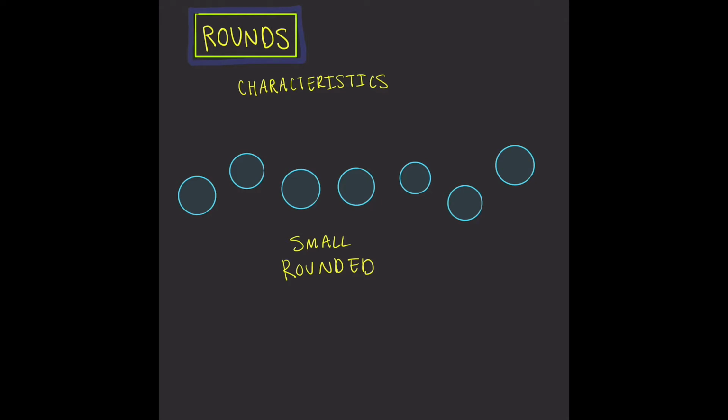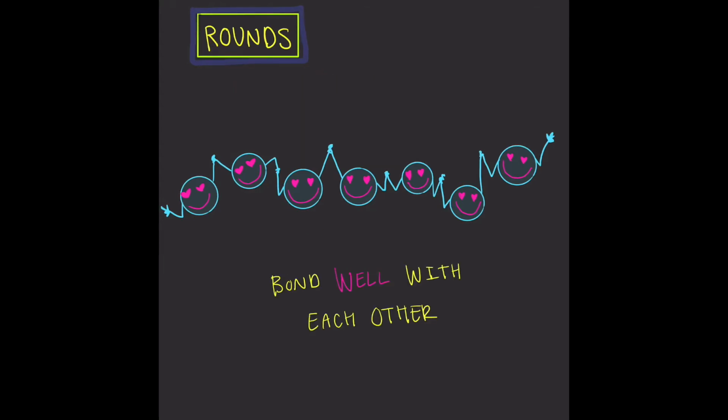Another characteristic of rounds is that, unlike facets, these grains will bond readily with one another. So when I imagine them, I like to visualize them with these lovey-dovey personalities trying to hold hands with one another. And when we're talking about grains of snow that bond well with one another, what we're talking about is cohesive snow. So rounds are cohesive.